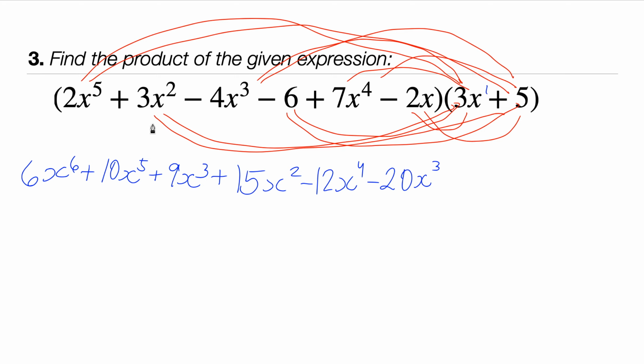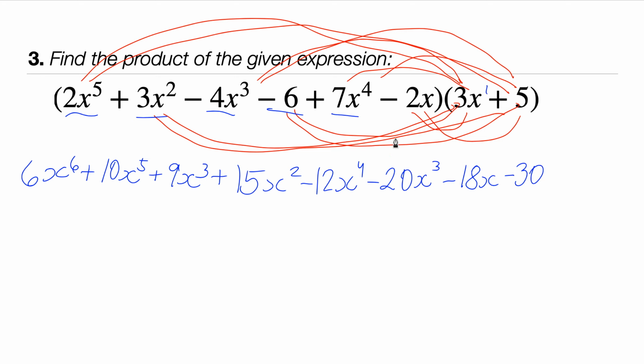Okay, we're still here. We're done here, we're done here. We're here now with the 6. Minus 6 times 3x is going to give us minus 18x, since 3 times 6 is 18. And then minus 6 times 5 is minus 30.